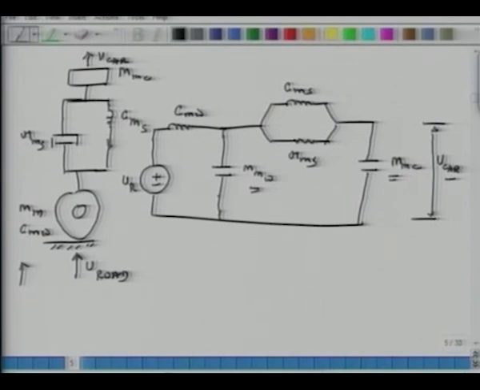For very low frequencies, the impedance offered by an inductor, for all sets of frequencies, is omega L. As frequency is very low, omega is going towards 0, the total impedance offered by an inductor is going towards 0. So for very low frequencies, an inductor behaves like a short circuit, right?